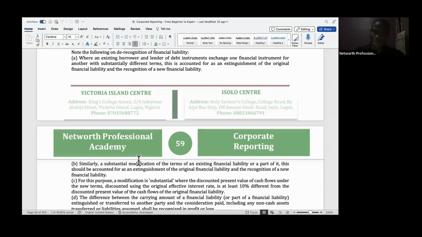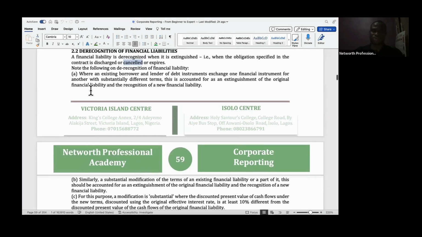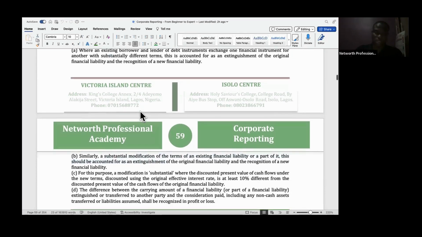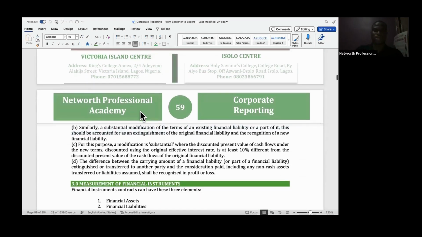I've never seen an ICAN question that has gone into derecognition as a result of either exchange or substantial modification. They have always stopped at the point that I gave you, but there's no harm in knowing this also. So usually when you derecognize, it could lead to a profit or loss on that derecognition.